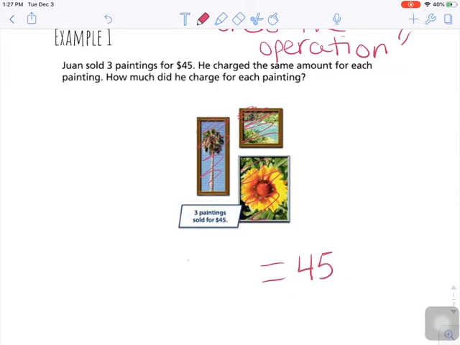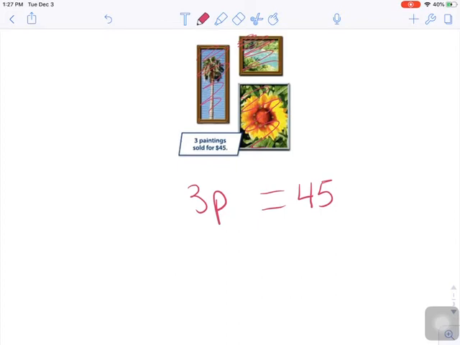We have 3 and we're selling each one for the same amount, so we're going to multiply the amount by how many we sold to figure out the price. So we're going to say 3 times an unknown, and whenever we don't know something, we use what we call a variable. So I'm just going to pick, let's say, p. So 3 times p, or just 3p, because remember, whenever a number is right next to a variable, that means to multiply.